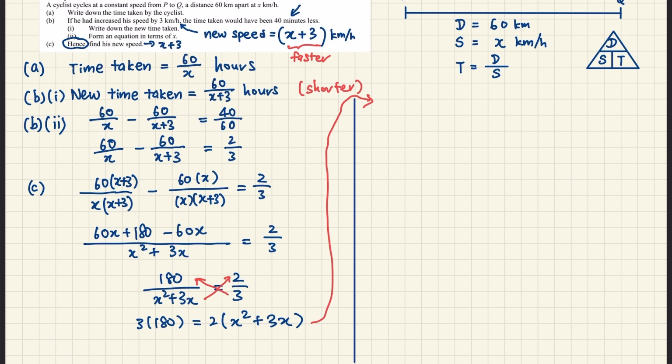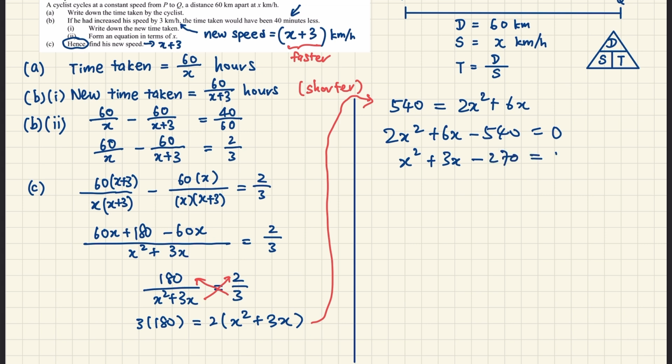So now you have 540 equals 2x squared plus 6x. Then you will also have 2x squared plus 6x minus 540 equals 0, and you can also divide 2 throughout and be left with x squared plus 3x minus 270 equals 0.